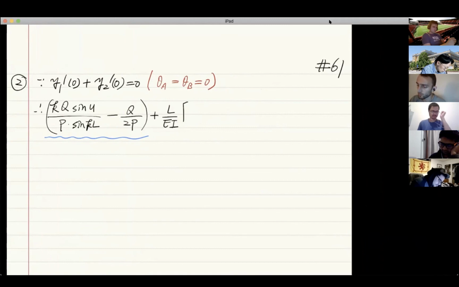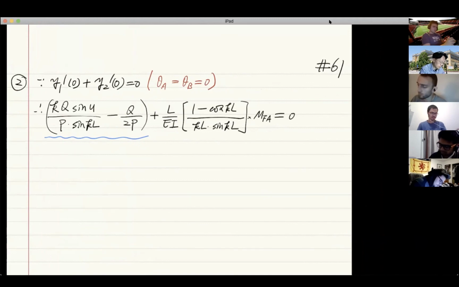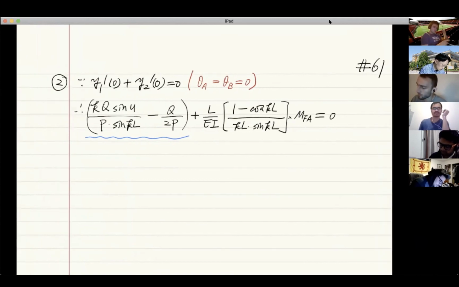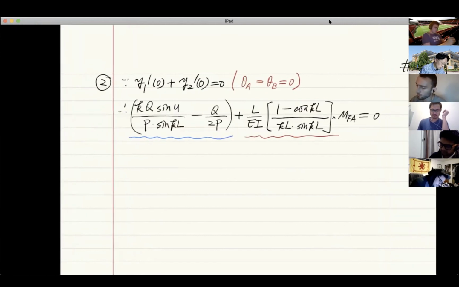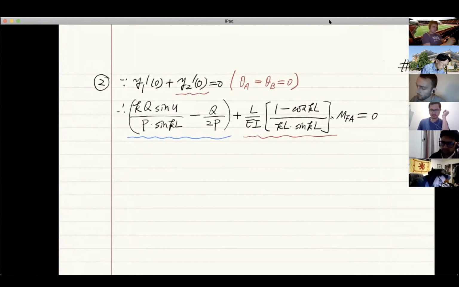That is 1 minus cosine KL over KL over sine KL times MFA. And this must be 0. So this part is Y2 prime, and the first one is Y1 prime, both at x equals 0.